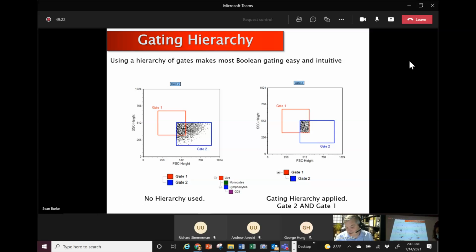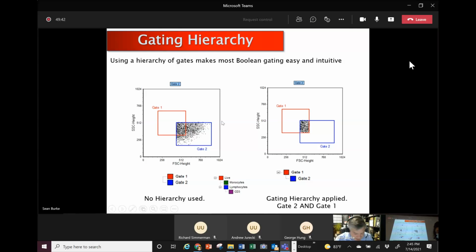Then let's look at lymphocytes that are CD3 and CD4 positive. And let's look at lymphocytes that are CD3, CD4, CD16, and so on, positive. By using these gating hierarchies when we do flow analysis, it allows us to discriminate different populations and phenotypes of interest.